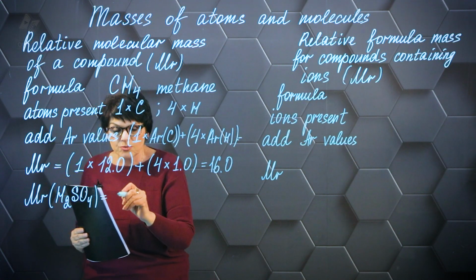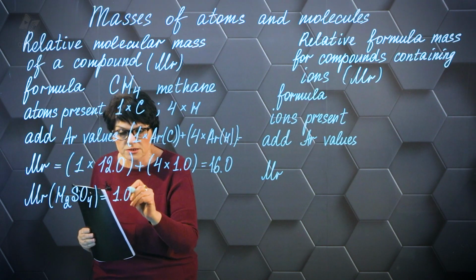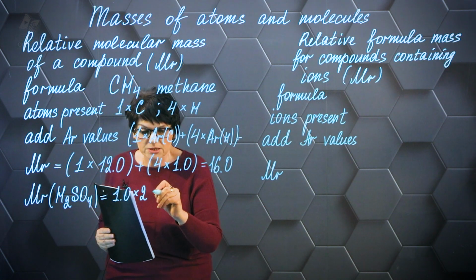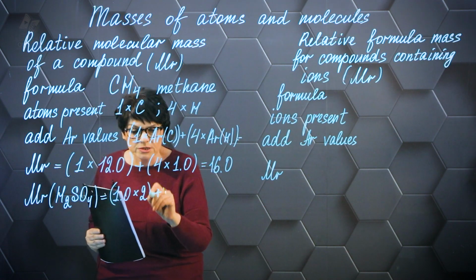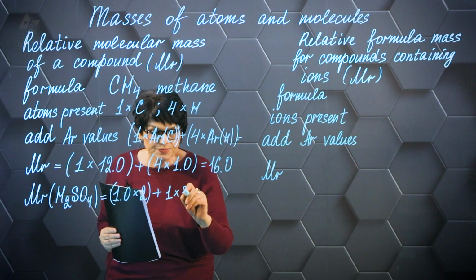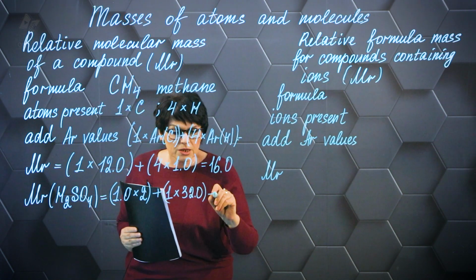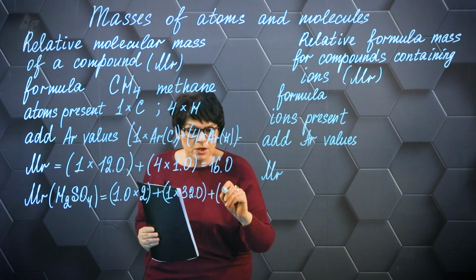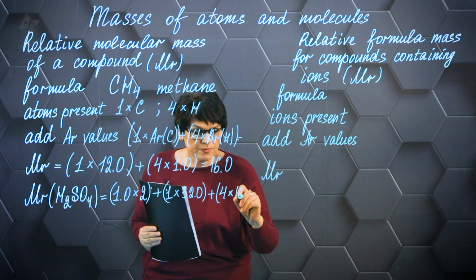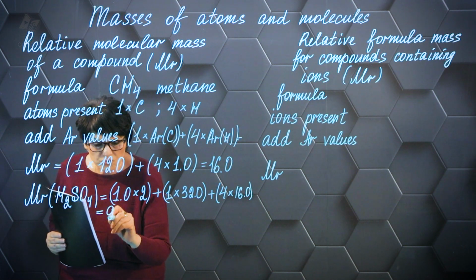So we multiply the mass of hydrogen, which is 1, by the number of atoms of this element, 2. Plus we add the mass of 1 sulfur atom, 32, and then we add the mass of 4 atoms of oxygen, multiplied by 16. The result is a mass of 98.